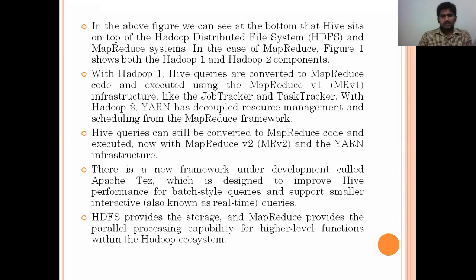HDFS provides the storage and MapReduce provides the parallel processing capability for higher level functions within the Hadoop ecosystem. So one is for storage, another for processing.